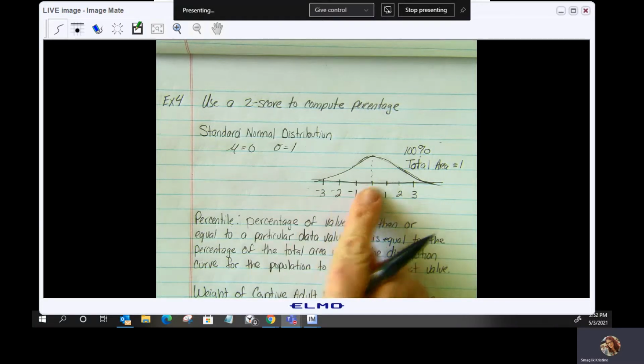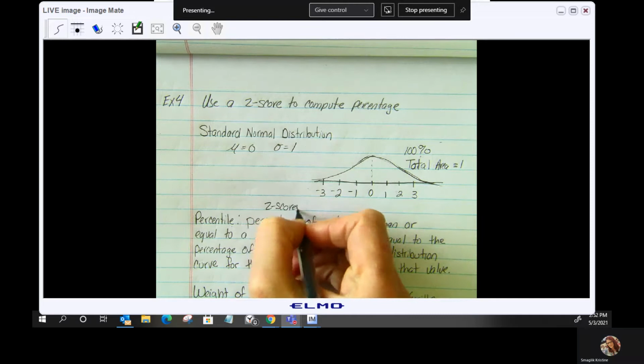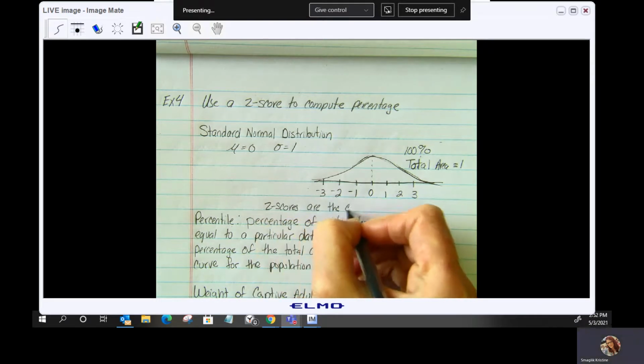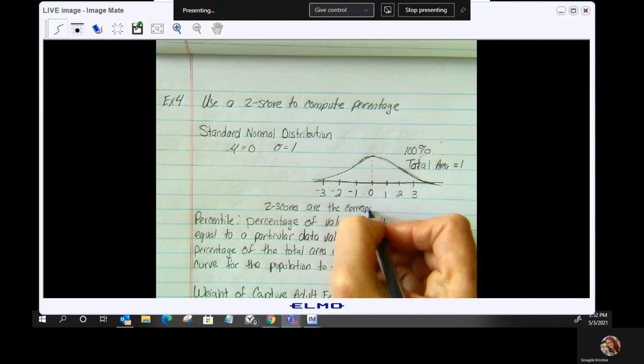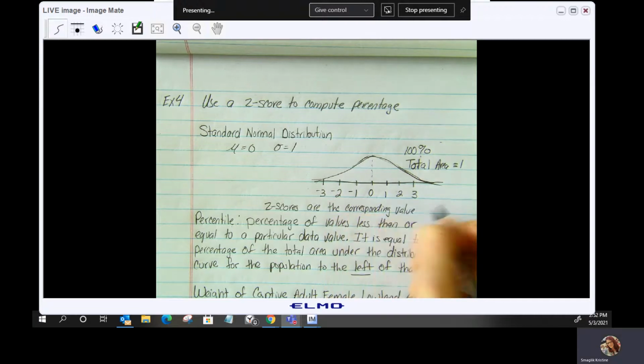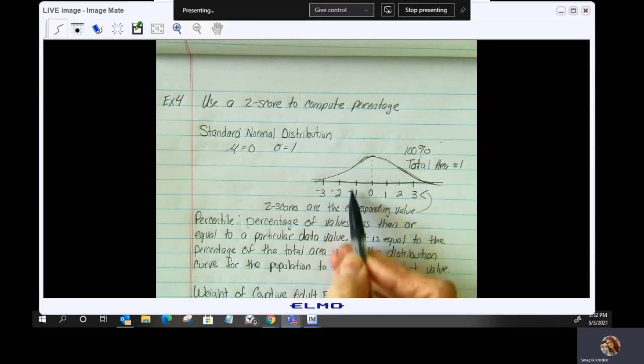And your z-scores are the corresponding value. So anything that you calculate, you're getting numbers in here that tell you how many standard deviations you are above or below the mean.